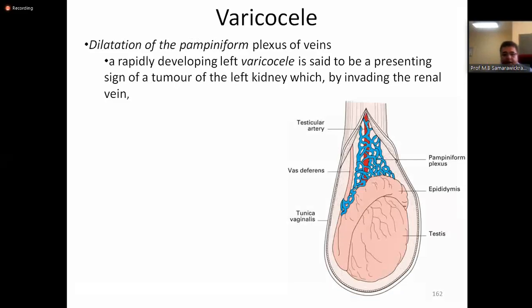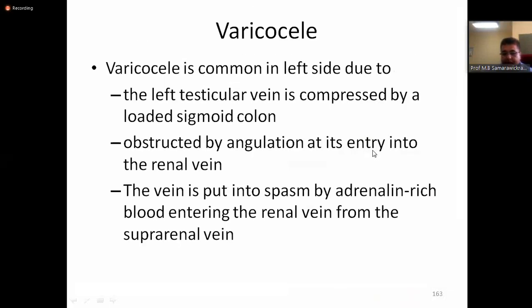Varicocele, that is the dilated tortuous veins in the testis, right? In the pampiniform plexus, that is most common on the left side. You should know the reason, because the left testicle is compressed by loaded sigmoid colon on the left side, and is obstructed by angulation at its entry into the renal vein, right?